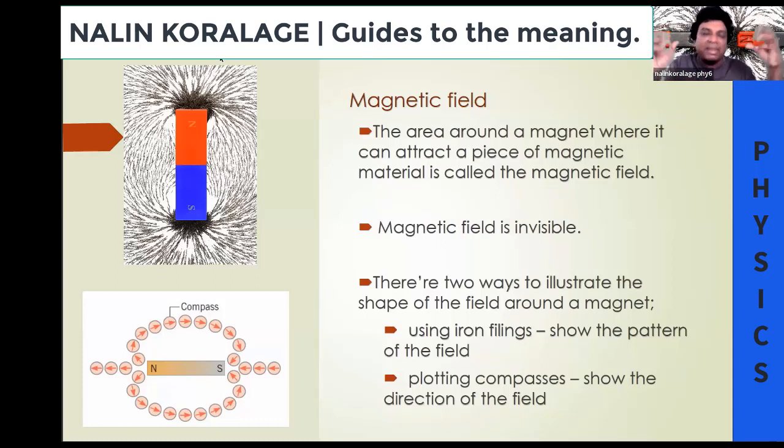So if you take a magnet, that magnet has a certain area in its surroundings. If you place a magnetic material inside that region, that magnet will be able to attract that magnetic material. If you place that magnetic material beyond that region, the magnet won't be able to detect it, which means the magnet won't be able to feel the presence of that magnetic material. Therefore, the magnet won't be able to attract it.